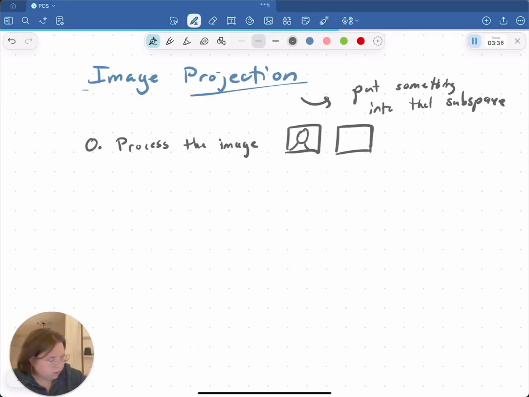Now, for the projection, what we're going to do first is get the difference matrix.